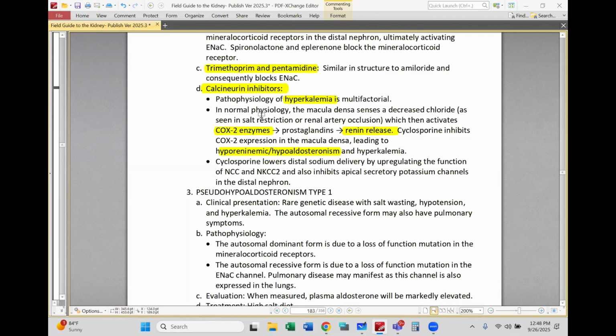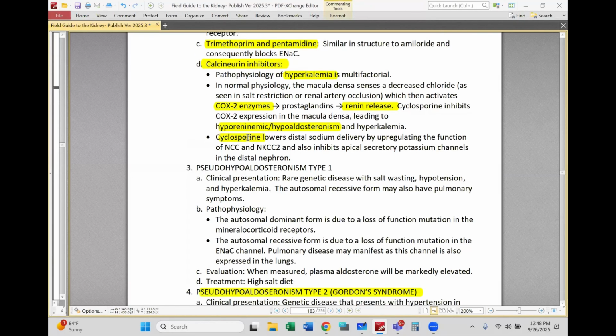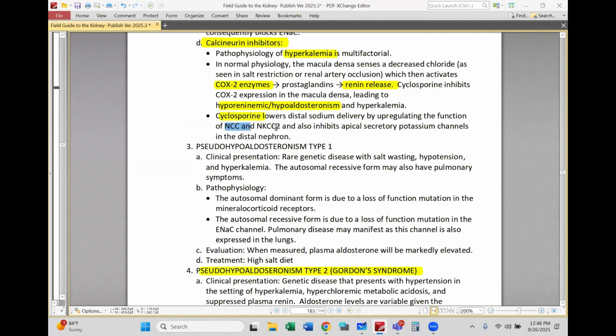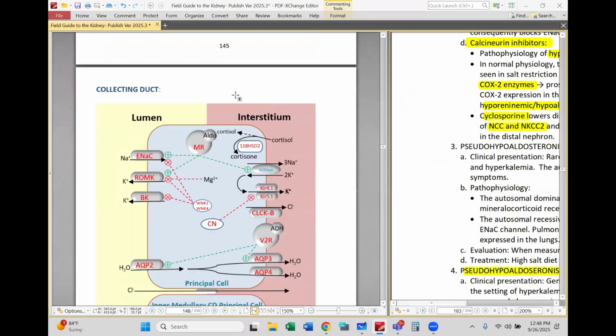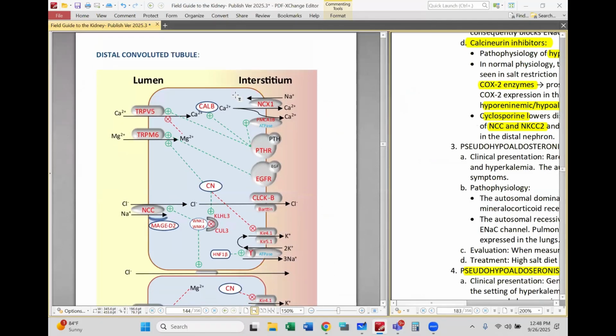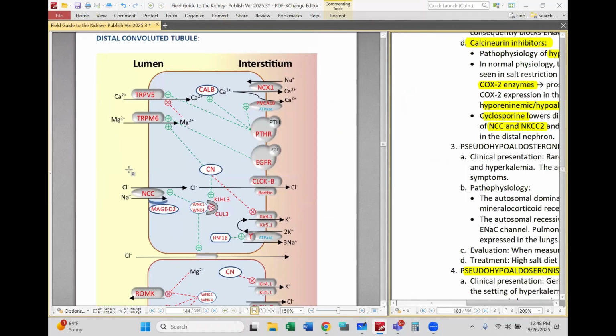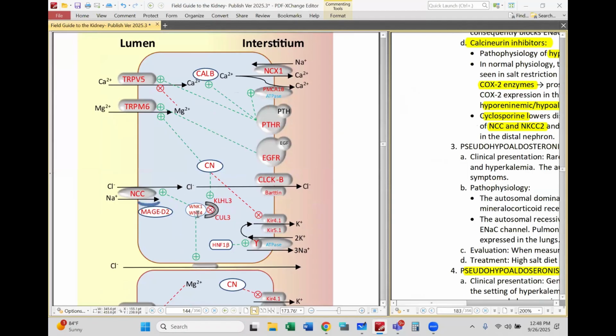Okay, but here's that Gordon syndrome physiology. It essentially upregulates, especially, DCT transporters. Remember, NCC is the sodium chloride cotransporter. Here we are in the distal convoluted tubule, right? We'll get to Gordon syndrome, which is a defect in these regulators, WNKs, as well as Cullin-3 and Kelch-like family protein 3 that regulates NCC as well.